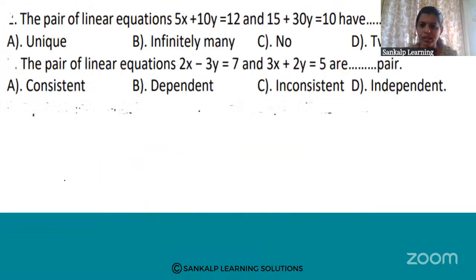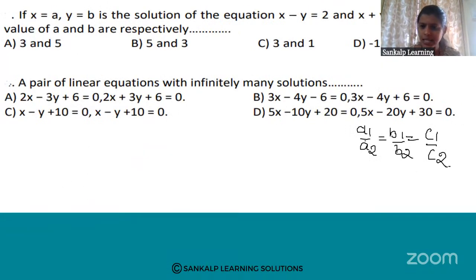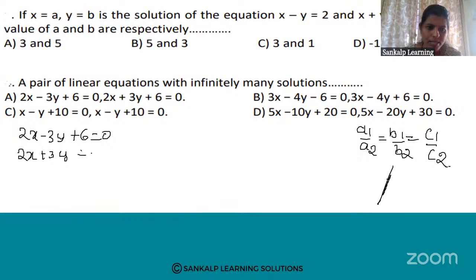Okay. So now, when this condition holds, what do we understand? The two lines have infinitely many solutions. So go with the options. Option A: 2x minus 3y plus 6 equal to 0 and 2x plus 3y plus 6 equal to 0.